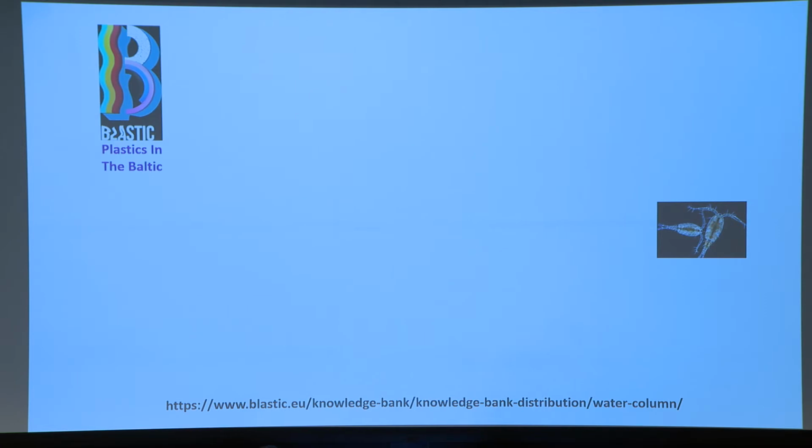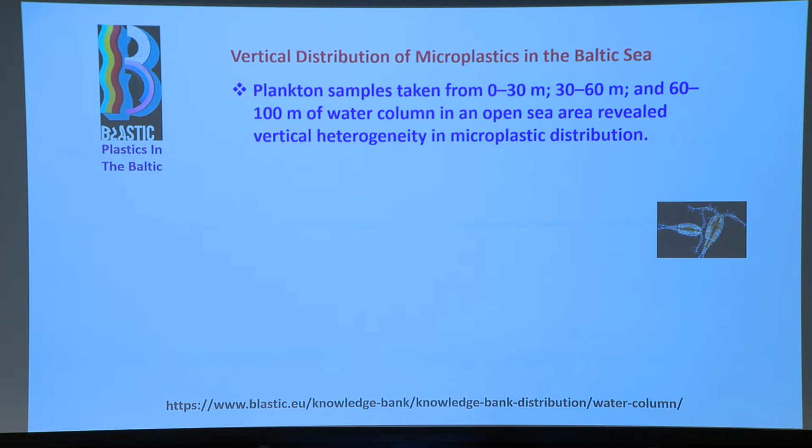So plastic in the Baltic has a very cool name called blastic. They studied the vertical distribution of microplastics in the Baltic Sea. The plankton samples were taken at 3 different depths, and it showed vertical heterogeneity in the microplastic distribution.